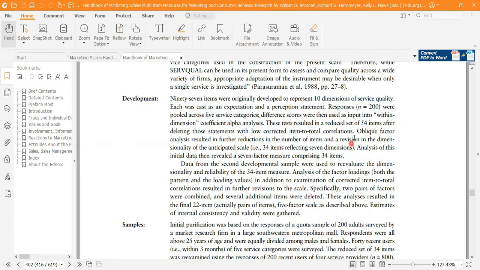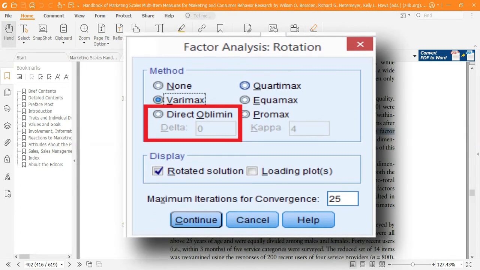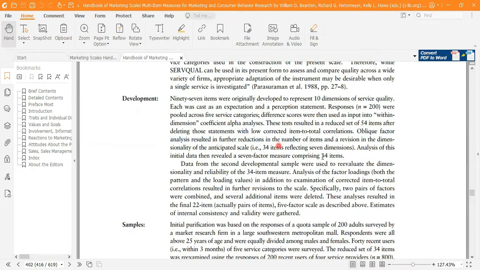These 97 items were inserted into the factor analysis, and by applying oblique factor analysis, they found only 34 items along with 7 factors. Now that means that from 97 items they were reduced to 34, and from 10 dimensions the dimensions were reduced to 7 factors.